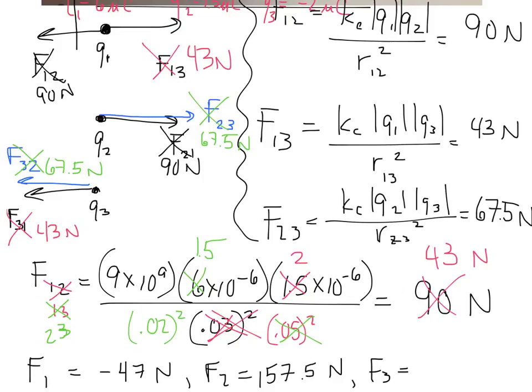Come on. 110.5. Simple math there. Negative, because it's to the left. All right? Now, do me a favor, add all three of those numbers together, see what you get.